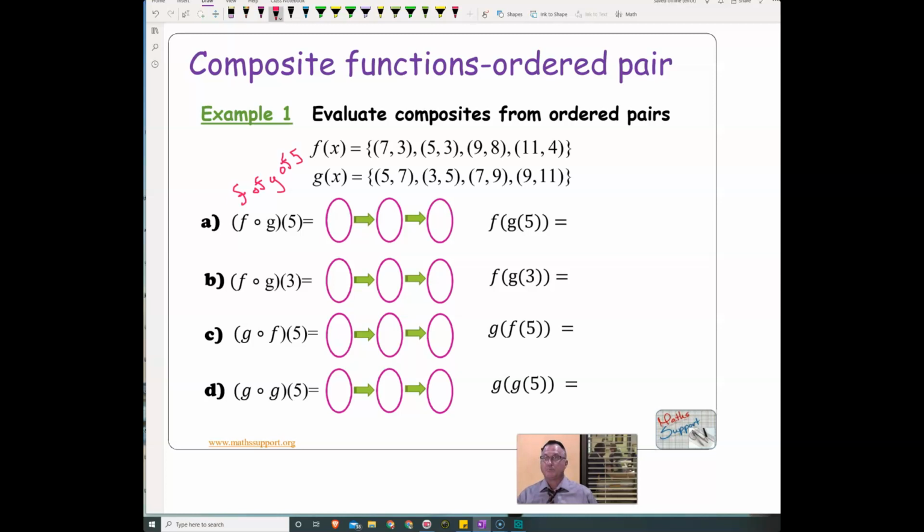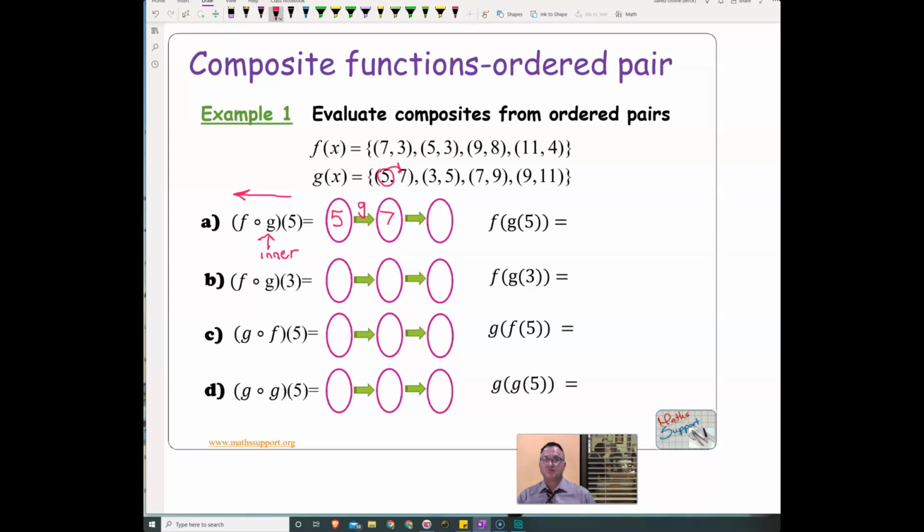All right, now, you evaluate a function working from right to left. This is the inner function. So your input is 5, so I'm going to put a 5 right there. Okay, then it's going to go through the g machine. Well, when the input is 5, its output is 7.